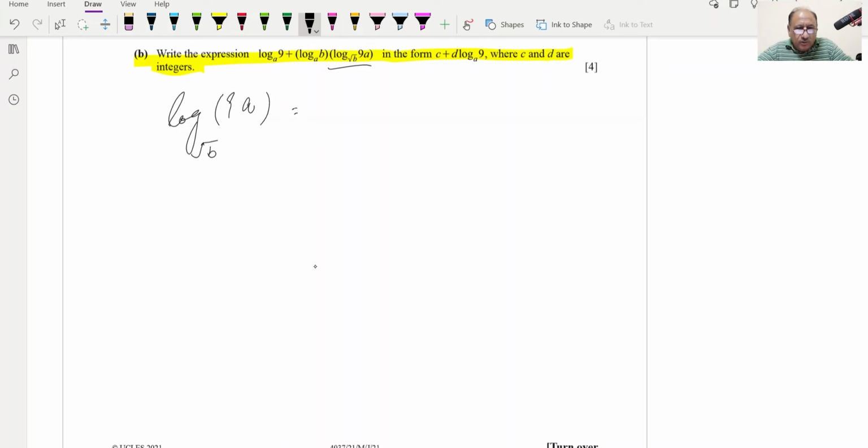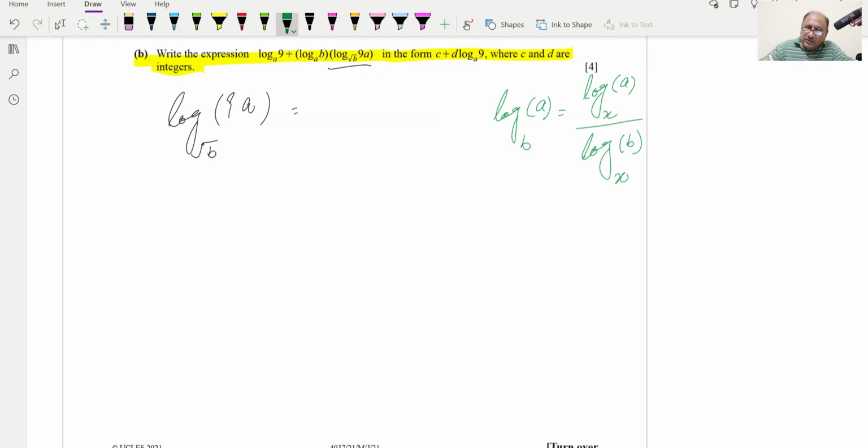We want to change this base, and the formula for changing base is what? The formula for changing base is: log with base b of a will be equal to log of a over log of b, with any base we can take, say x and x.